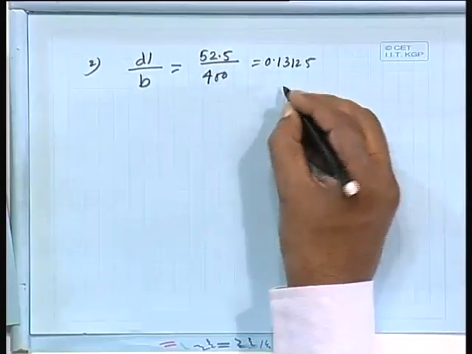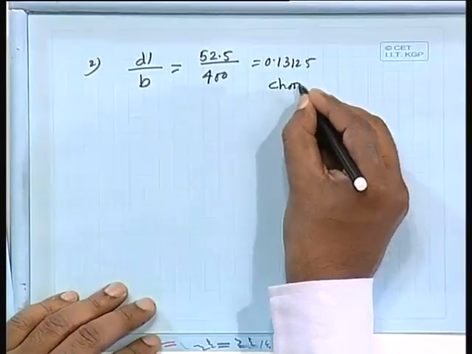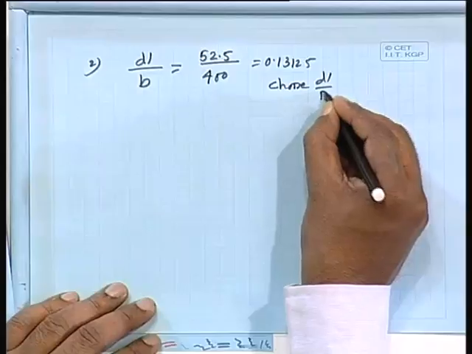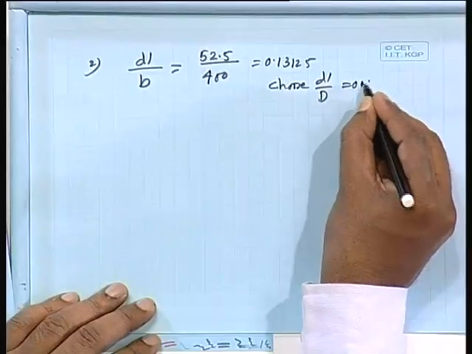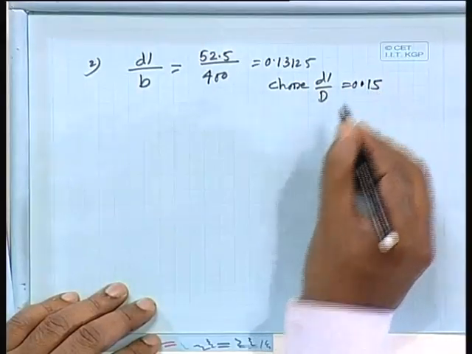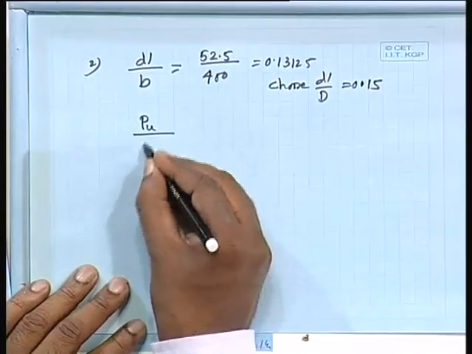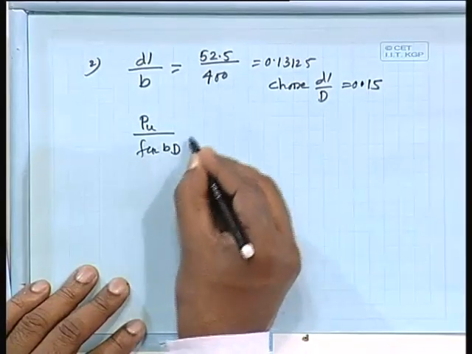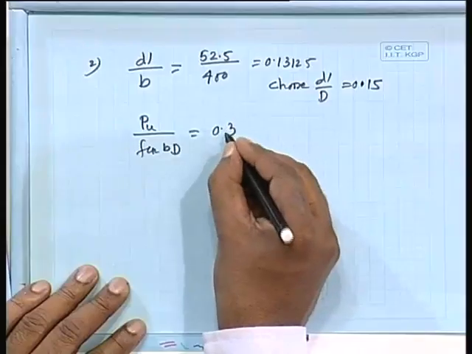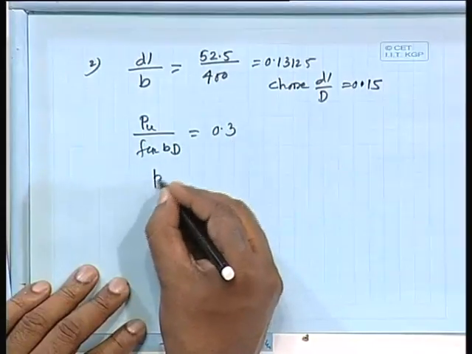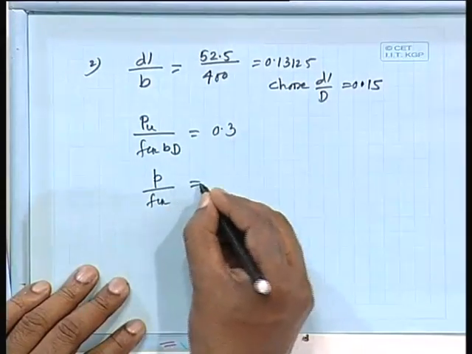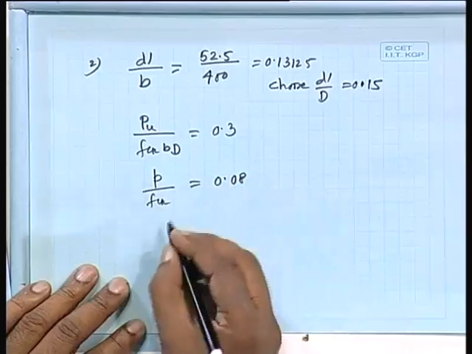So, choose d dash by d equal to 0.15. I shall take that chart where d dash by d equal to 0.15. Pu by FCK BD, there is no problem, it will be same, 0.3 only. P by FCK also there is no change, 0.08.